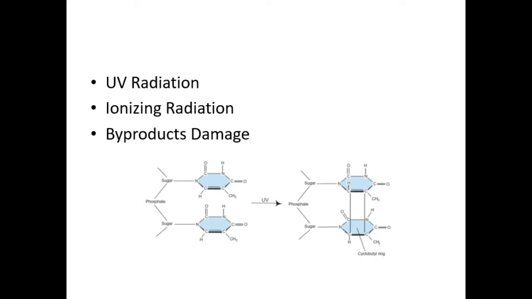That's ionizing radiation. And then byproduct damage. The commonly seen byproduct damage is the oxidation byproduct 8-oxoguanine, which we also call oxoG.